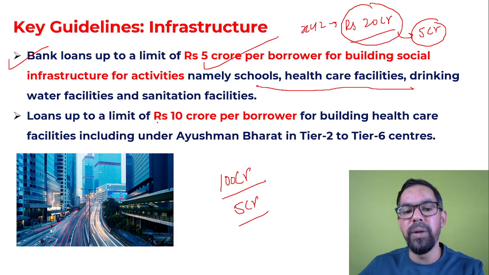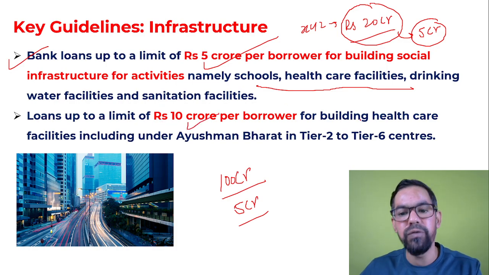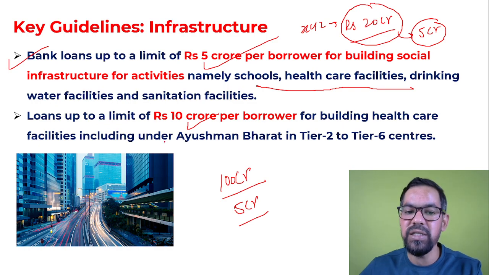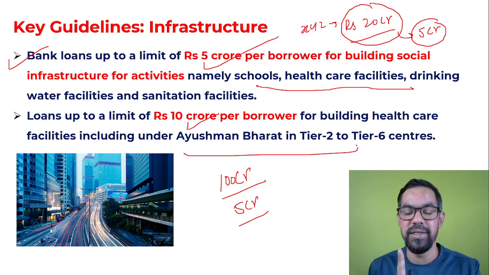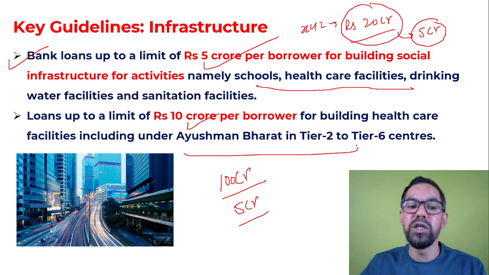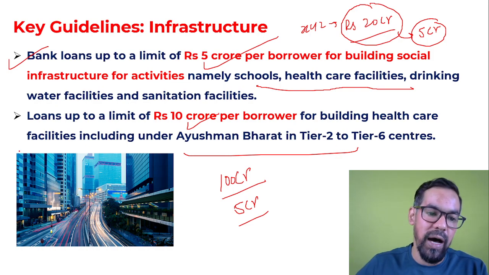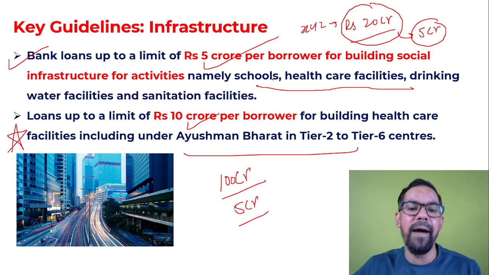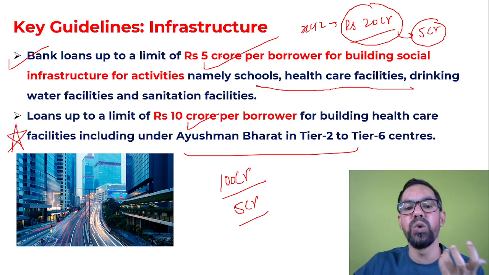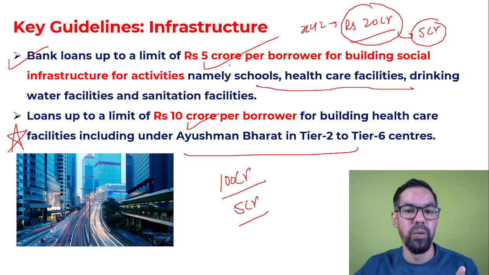Loans up to a limit of 10 crore rupees per borrower for building healthcare facilities, including under Ayushman Bharat, in Tier 2 to Tier 6 cities. Now there is a change. This is the latest guideline of RBI. In the normal category, the limit for social infrastructure is 5 crore rupees only.